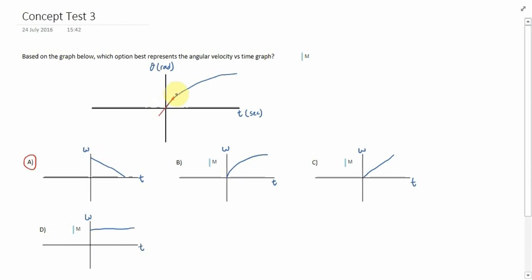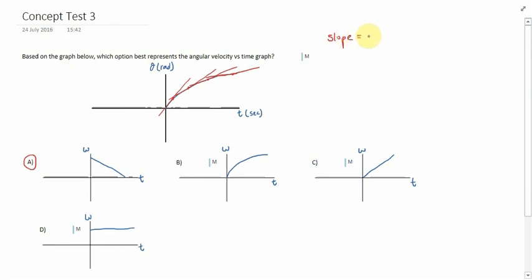What you will notice is that at any particular point in time, the slope seems to be constantly decreasing, right? We had a similar graph when we looked at the linear components. Remember that slope is just giving me some number.